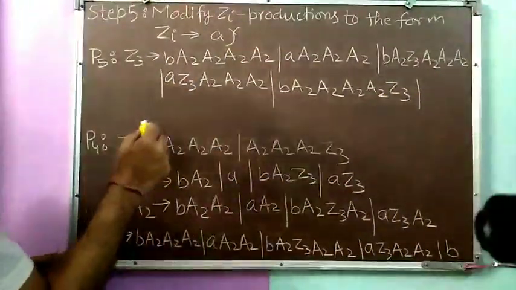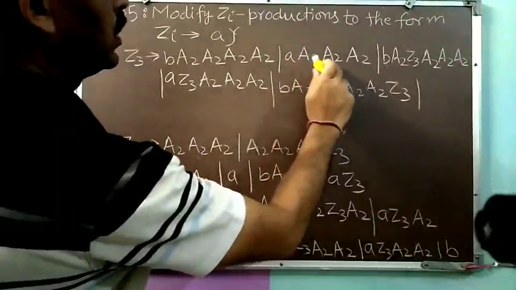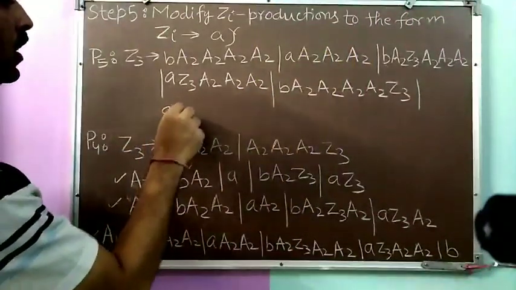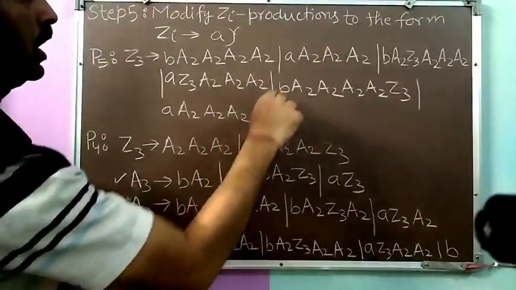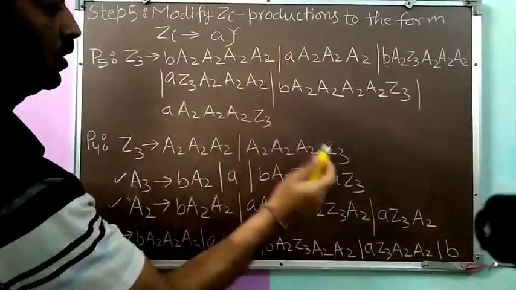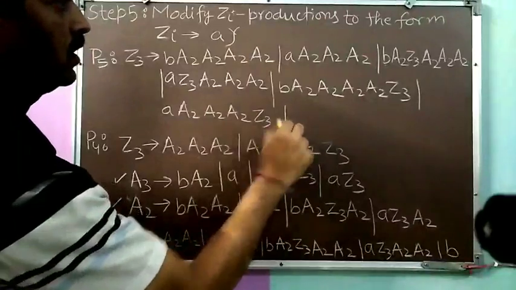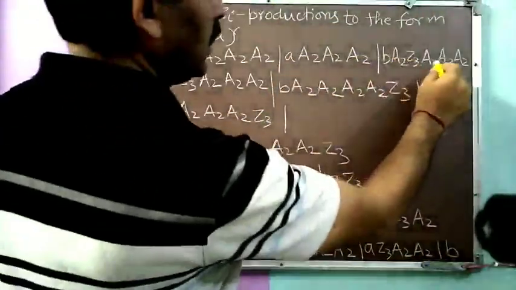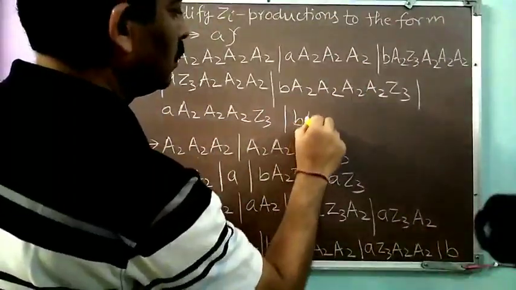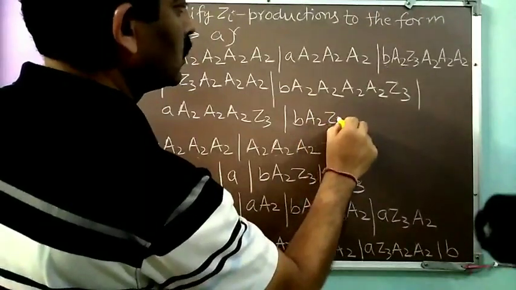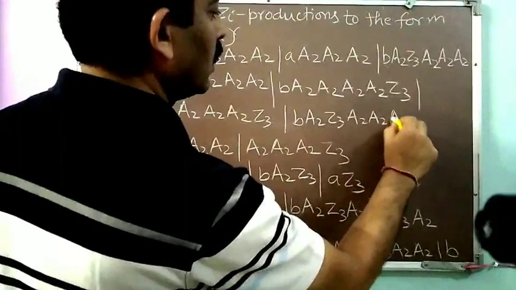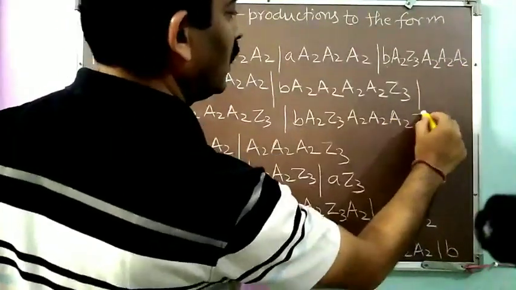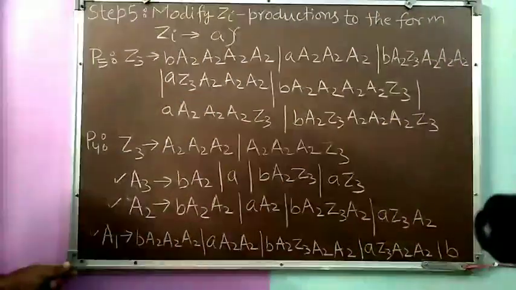Then A, A2, A2, A2 three times, followed by Z3, because Z3 is additional here. Then B, A2, Z3, A2, A2, A2 three times, followed by Z3.